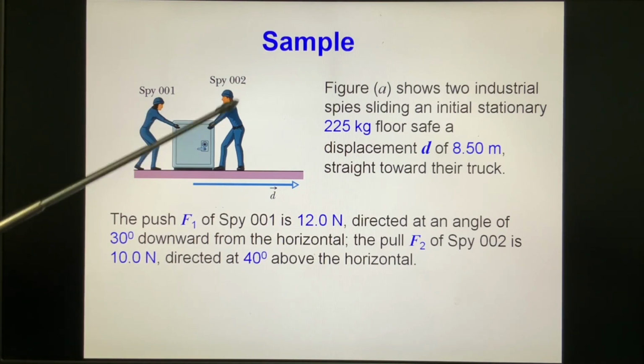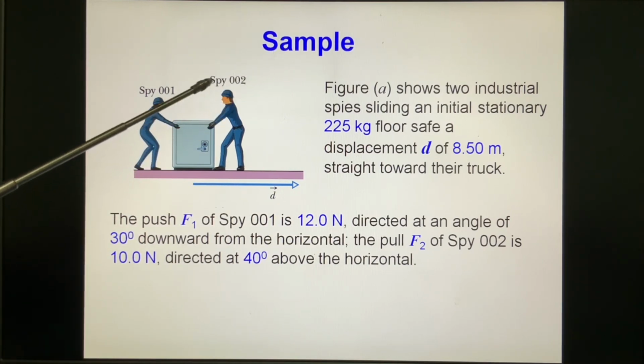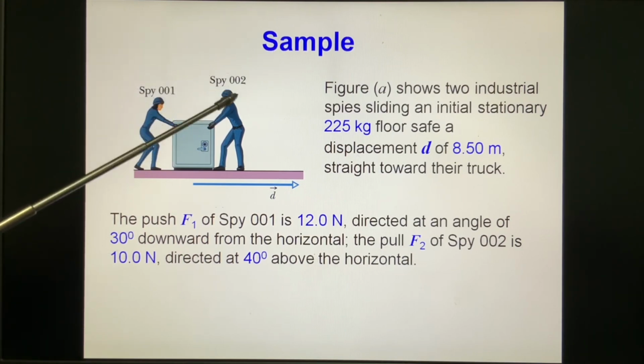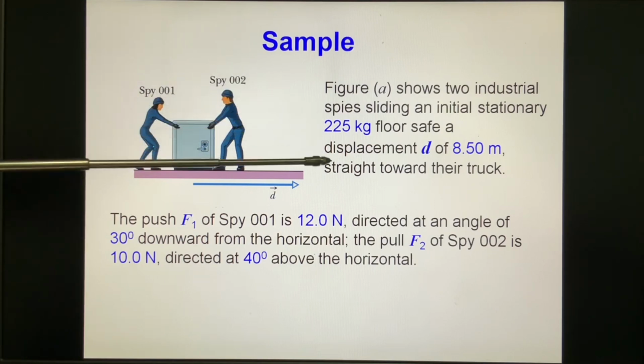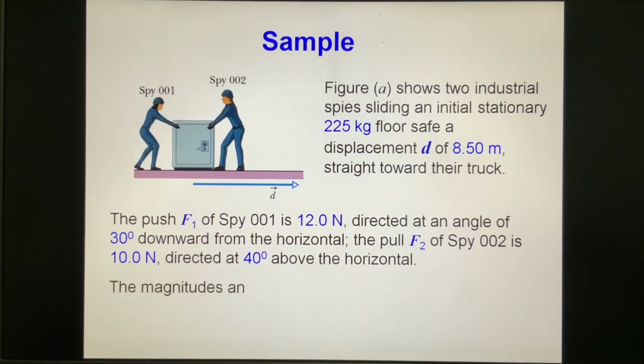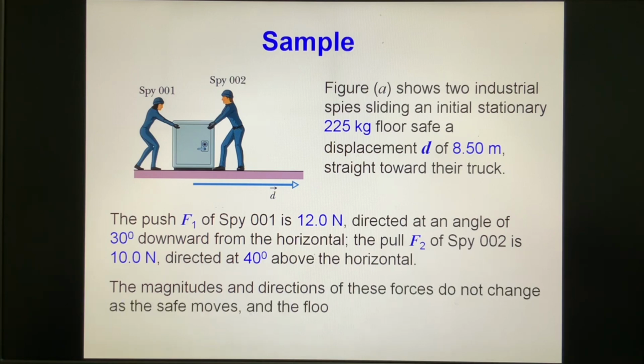The pull F2 of spy 002 is 10.0 Newtons, directed at 40 degrees above the horizontal. The magnitudes and the directions of these forces do not change as the safe moves, and the floor and safe make frictionless contact.